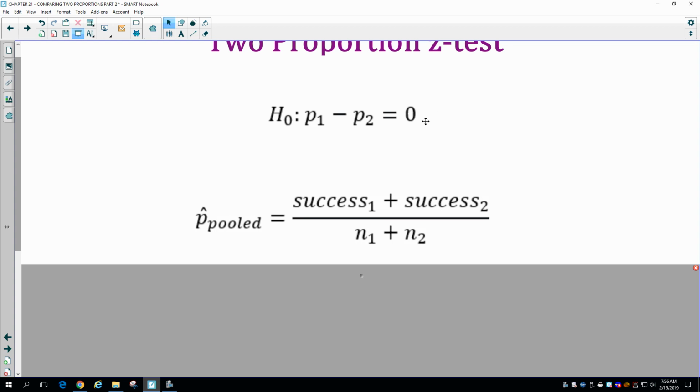So we take the successes from each group, add them together, and divide by the total number sampled in each group. We get one combined number of successes and one combined number sampled, and we find one p hat that we call a pooled p hat.